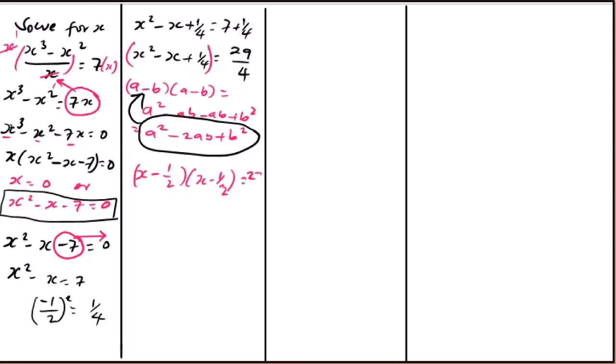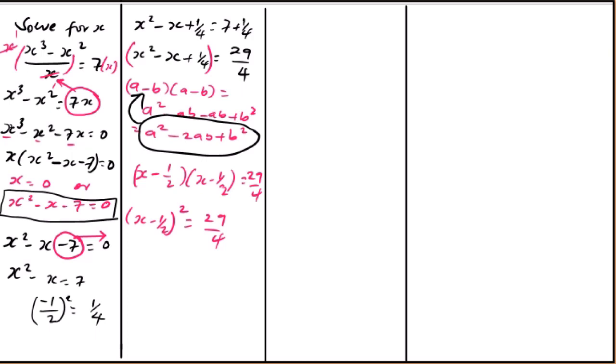Equals 29 over 4. Now this one, x minus half times x minus half, can be written as x minus half squared, equals 29 over 4.